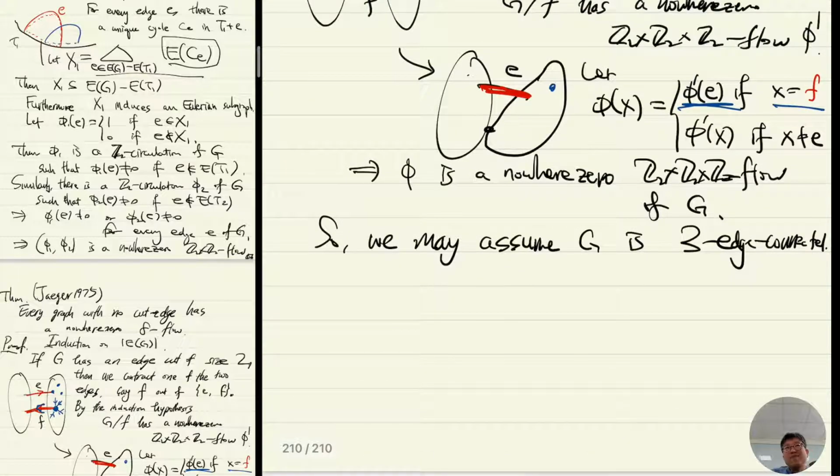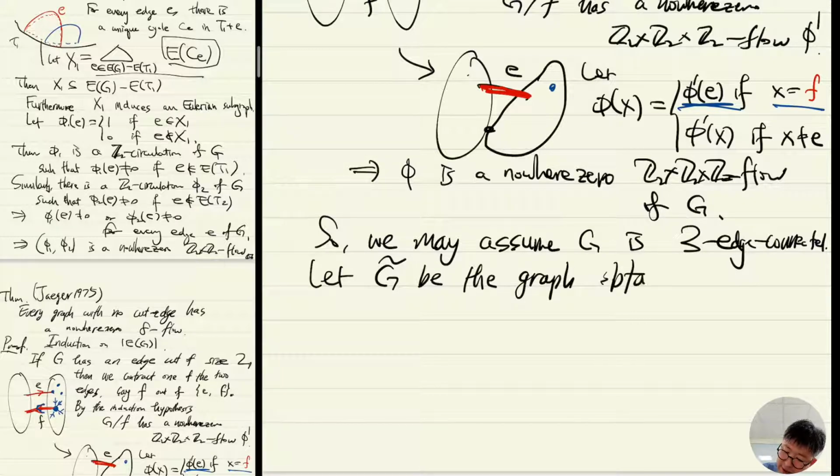Now, if I wanted to have 3 spanning trees, but the connectivity is only 3, what should I do? Let G tilde be the graph obtained from G by doubling every edge.